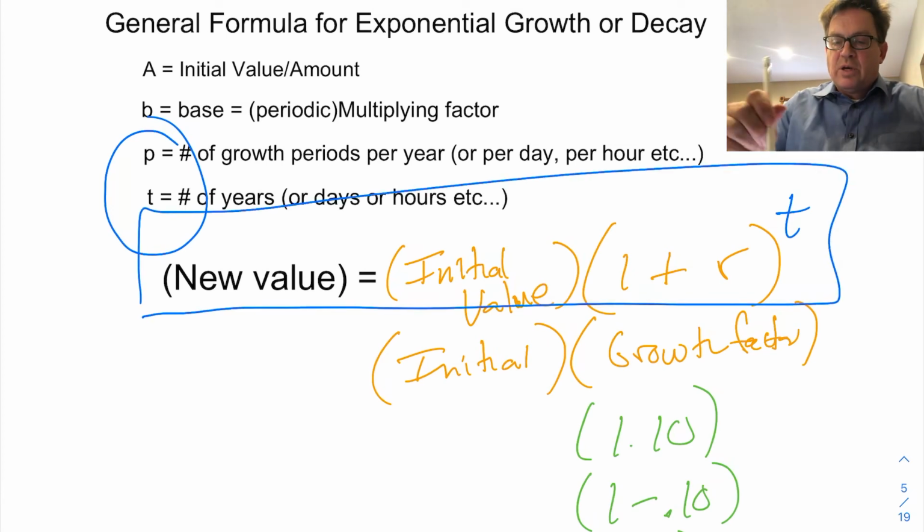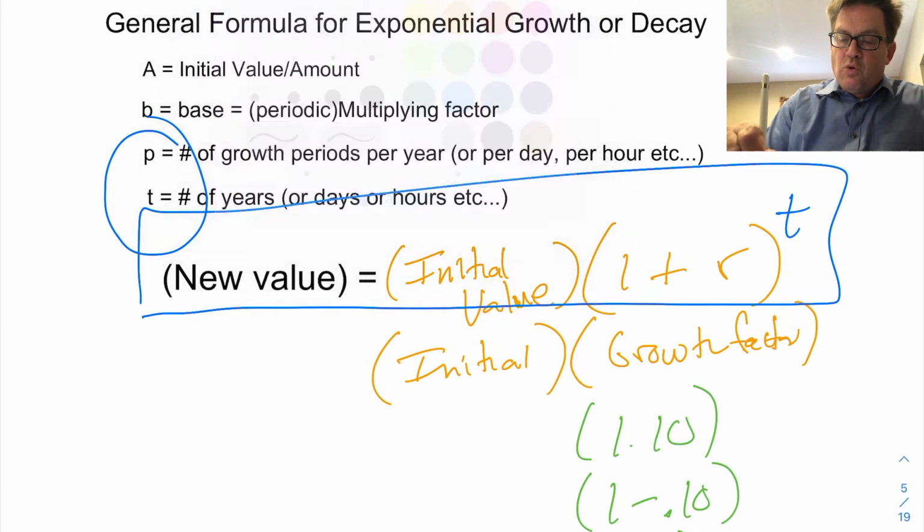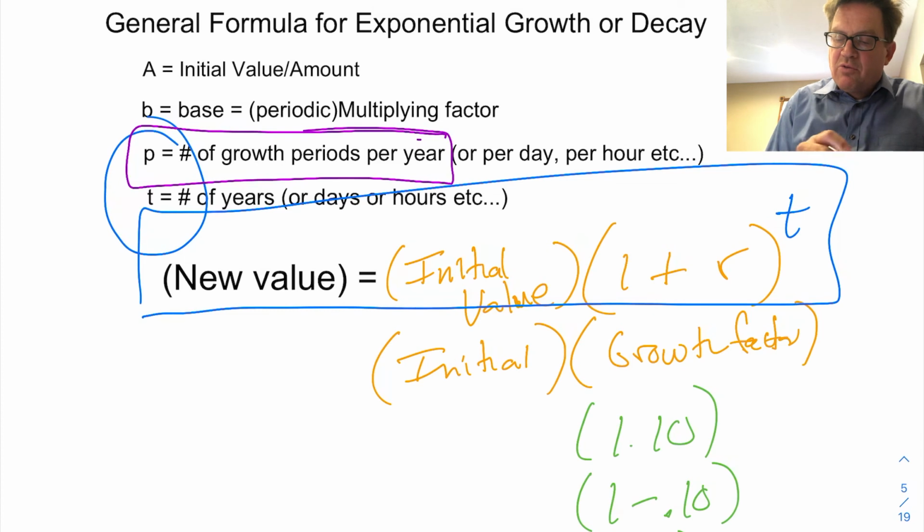But in a lot of situations, the way they're going to describe the growth factor is it's going to increase every quarter, so 4 times a year. And so if it's 4 times a year, or whatever p is, the number of growth periods per year, it's going to be t times 4.